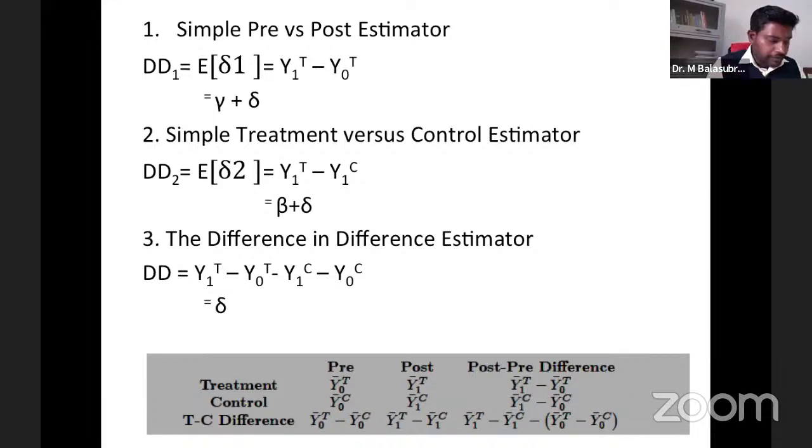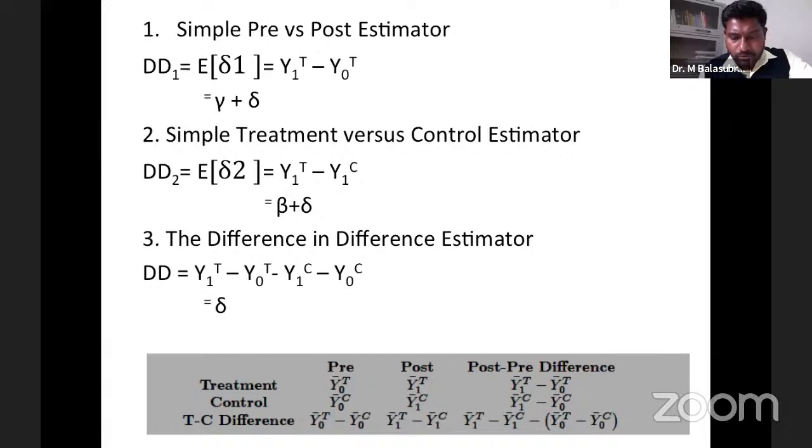Okay, then if you take another simple step, with control and treated directly, with y0 and y1, with y4 in the diagram I explained previously, you see there that DD2 gives y1 t bar minus y1 c bar, directly the effect where only the treatment is the effect.